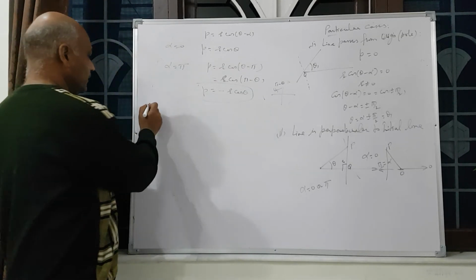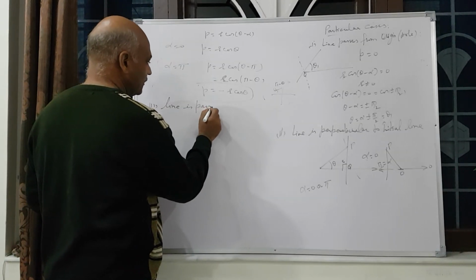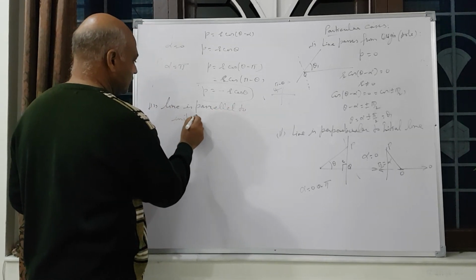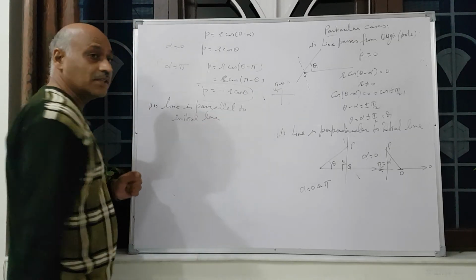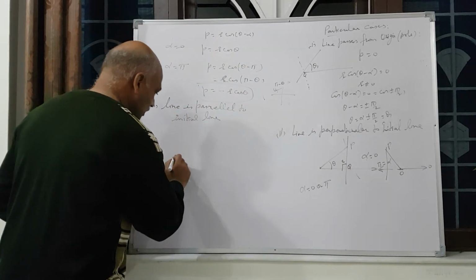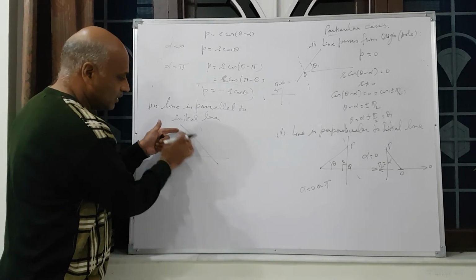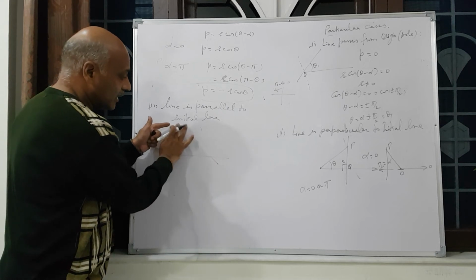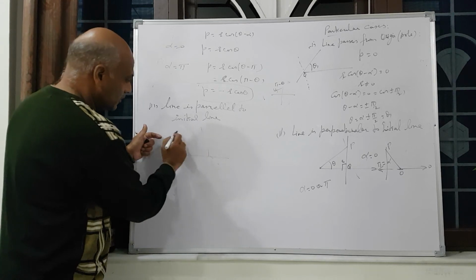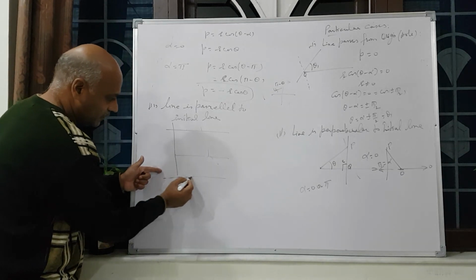Now take the third case. This line is parallel to the initial line. If it is parallel to the initial line, it means this line becomes, suppose this is this one, and the line in the first case was like this one, then in the second case it becomes like this one, in the third case like this one, upside or maybe here also.